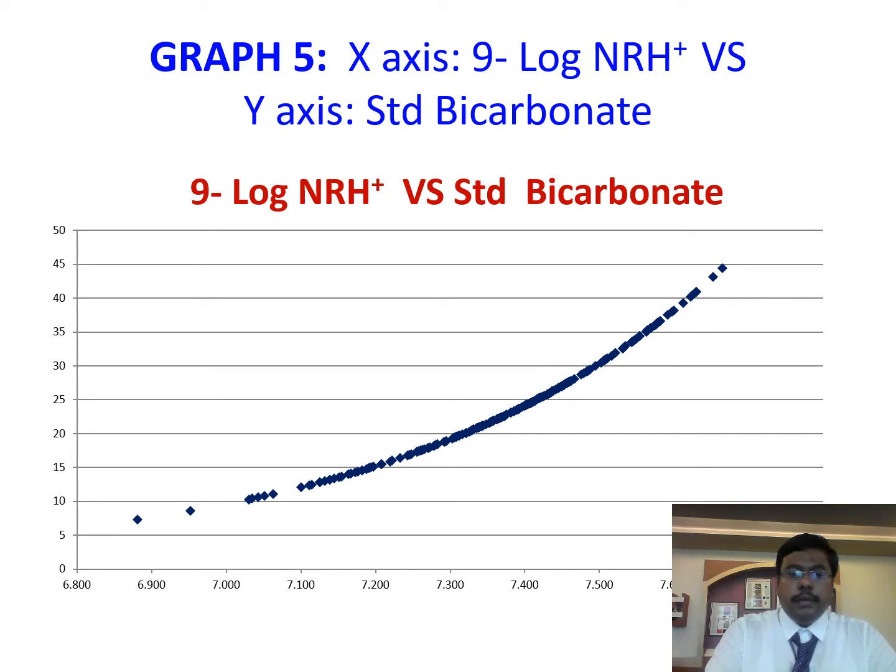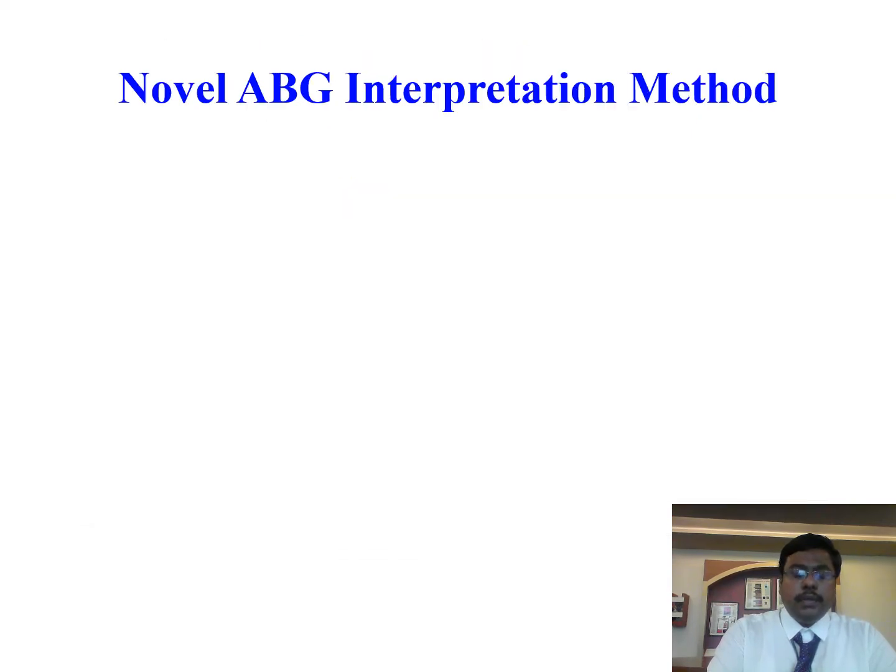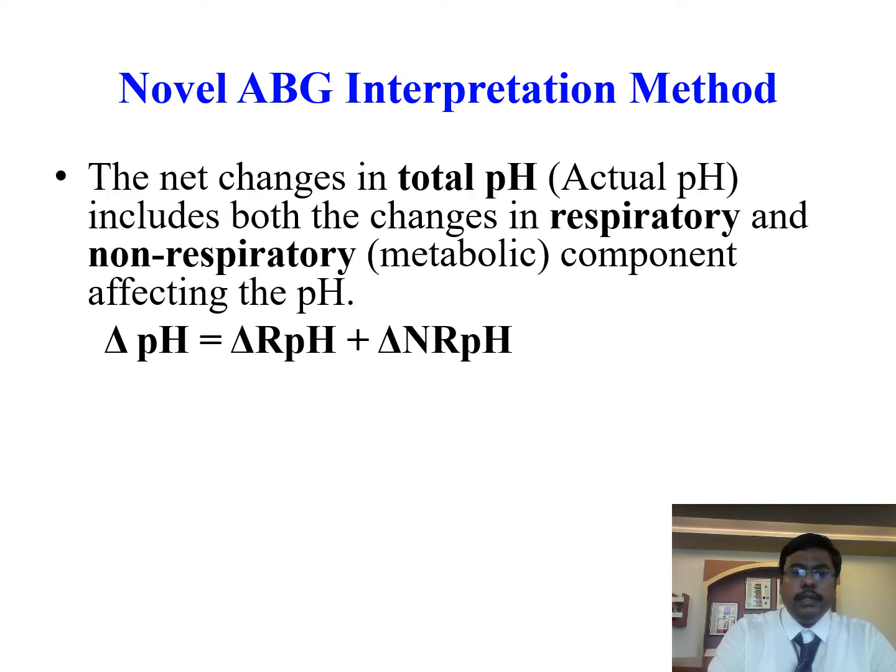NRPH is calculated by the 9 minus log of NRH plus relationship. So as the NRPH increases, the standard bicarbonate also increases. Using this concept, a novel ABG interpretation method can be developed.